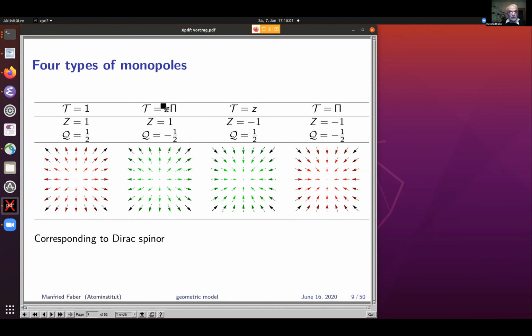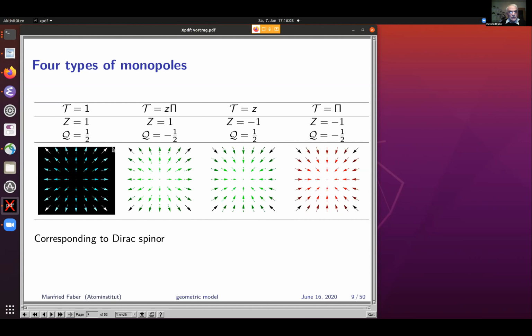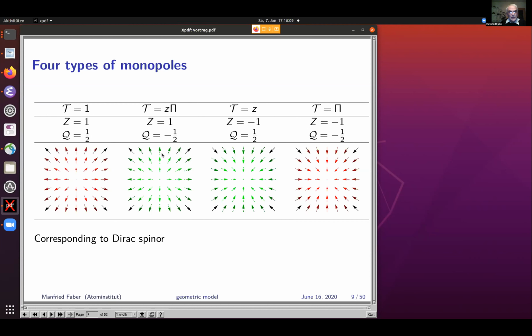If I do a charge conjugation transformation from this configuration, I have to reverse from the northern hemisphere to the southern hemisphere. So this is the north pole, this is the south pole, and you see that charge is again the same as here. So this is an electron, but this is an electron with spin down.